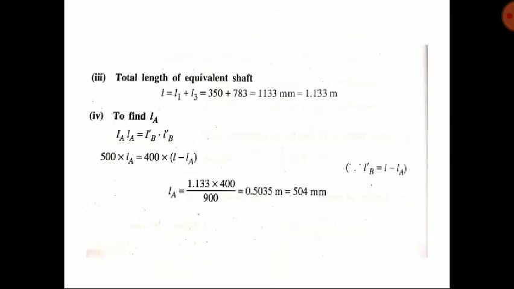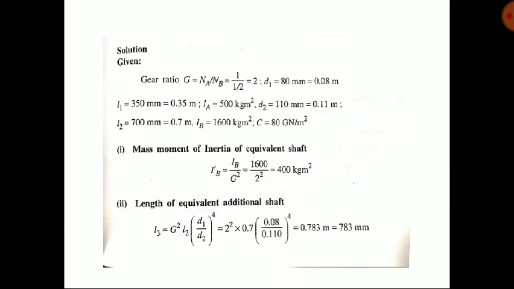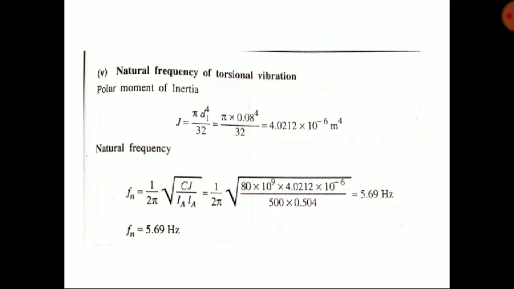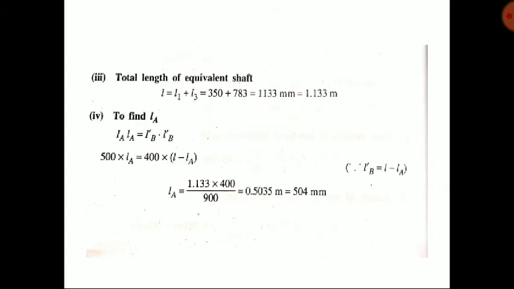So next we have to find LA. That is LA into IA equal to LB dash into IB dash. That is 500 into LA is equal to 400 into LB dash. What is LB dash here? L minus LA. L we have already found, and LA we can find from here.